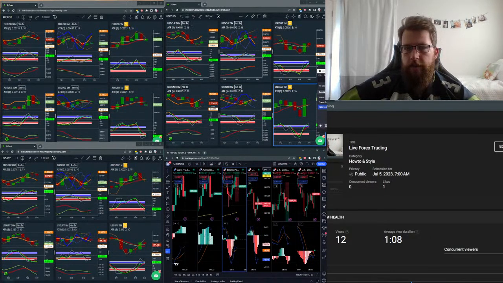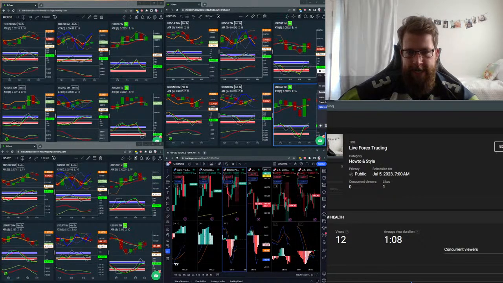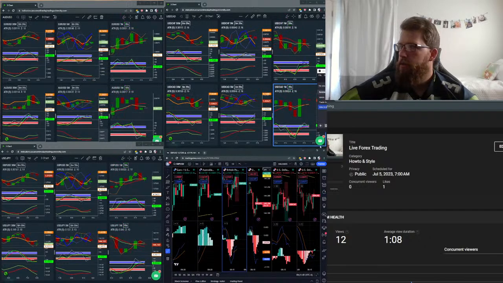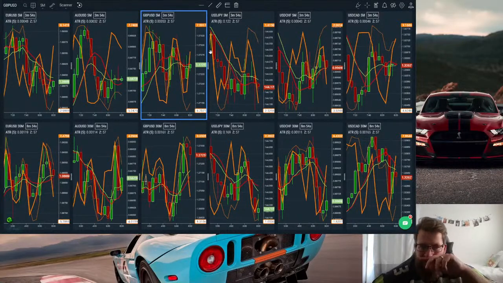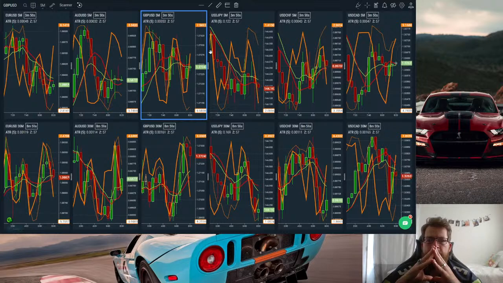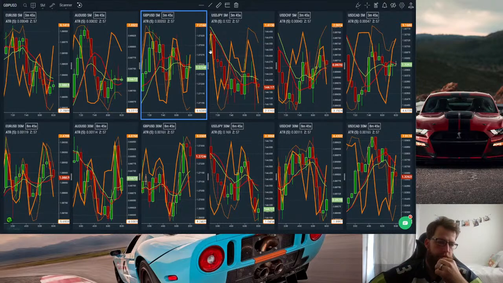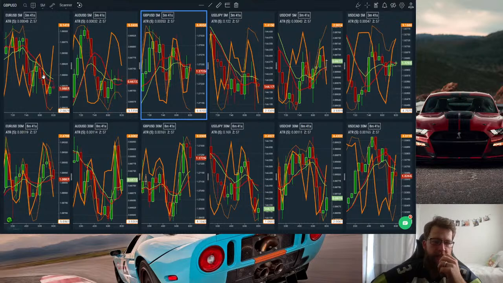Let's see. So we were looking at the... just not seeing a lot of good confluence in the pressures here that would give us any kind of indication that we want to take any trades.